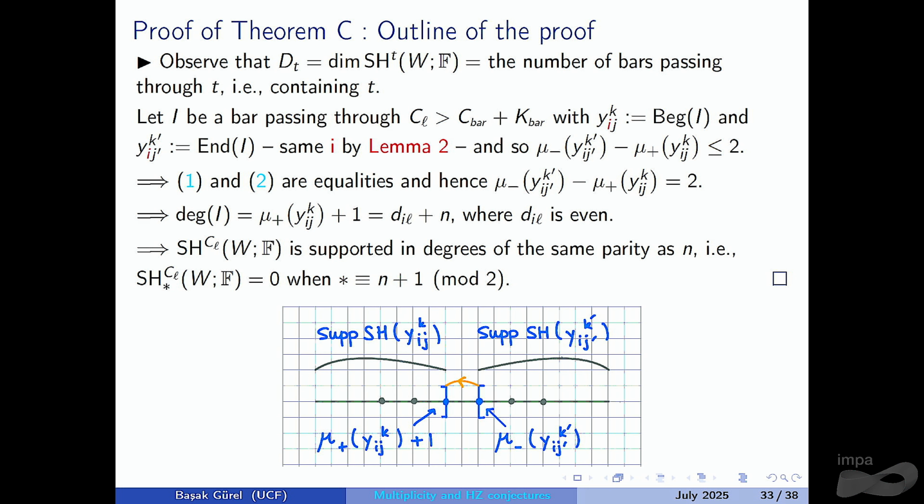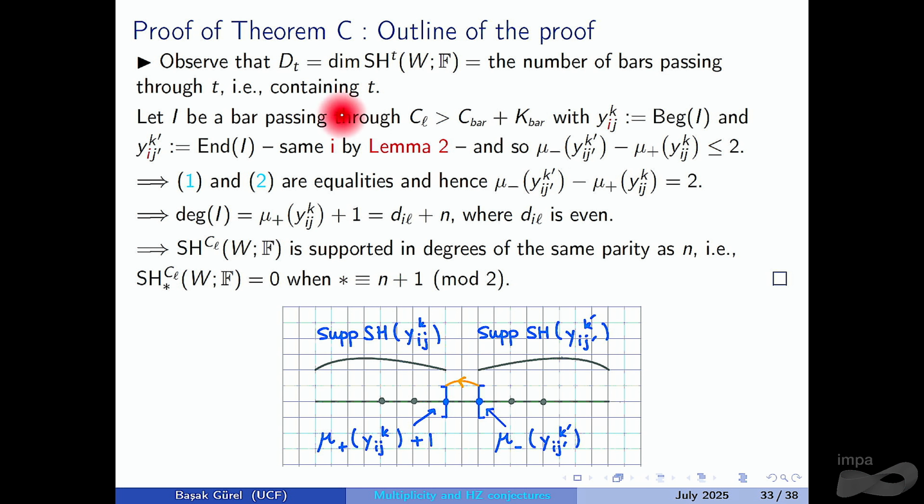All right, so now let's take a bar passing through this bounded gap c_l, a member of that real bounded gap sequence. But I want it to be bigger than the C bar plus K bar that came from the boundary depth upper bound and the bound which tells me that there are no intercluster bars.